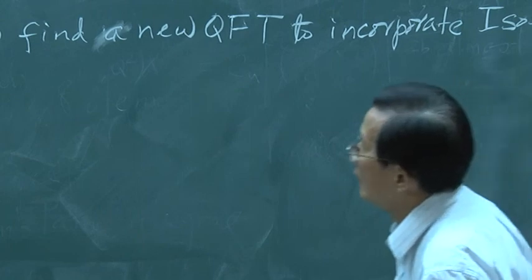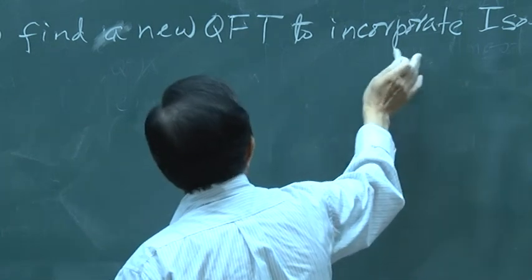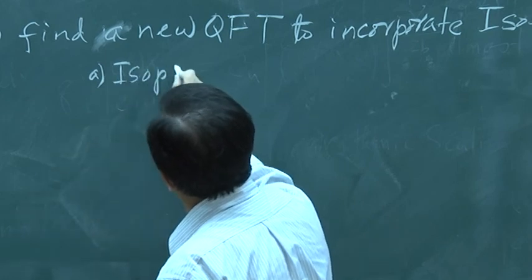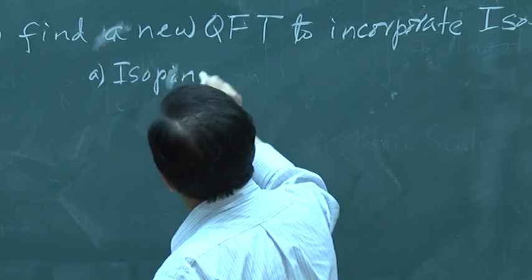Okay? Now there are two problems with this isospin. First is that the isospin symmetry is only approximate.